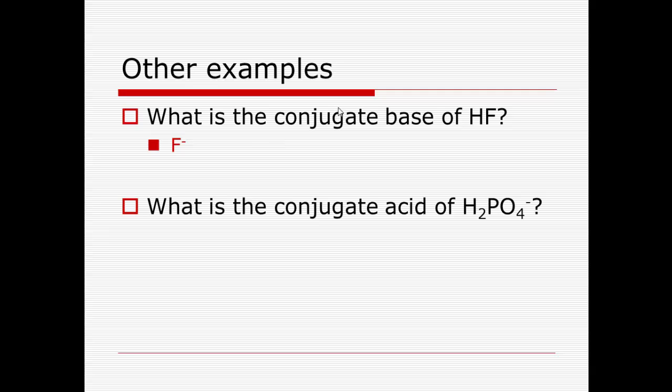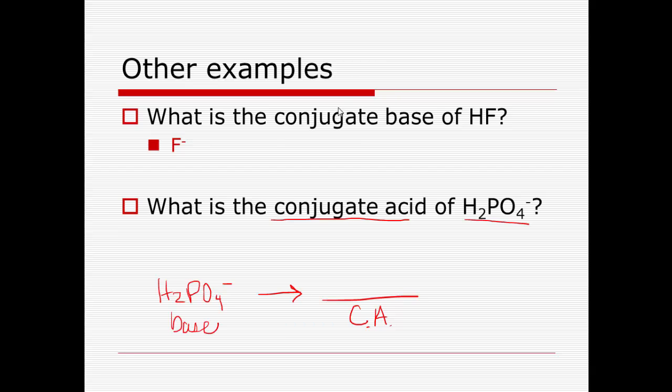Here's another example. What is the conjugate acid of H2PO4-? Okay, so we're starting with H2PO4-. I want it to turn into something that I could call a conjugate acid. Well, what turns into conjugate acids? Bases do. So I need it to act like a base, okay? So I just need to ask myself, if it's acting like a base, what's it going to do?